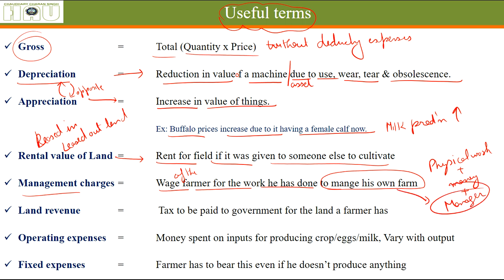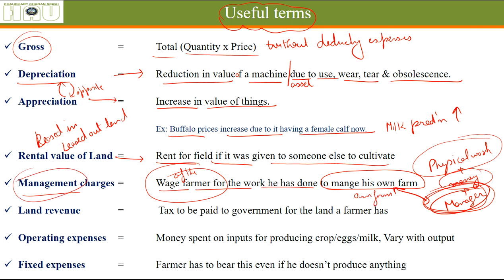So these management charges should also be considered, because if a farmer is not working on his farm, he could have used his brains to work on somebody else's farm. He might have saved his physical work, saved his money, plus worked as a manager on somebody else's farm and earned some money. So even if he is working on his own farm, we use these management charges in the calculation of profits and losses.